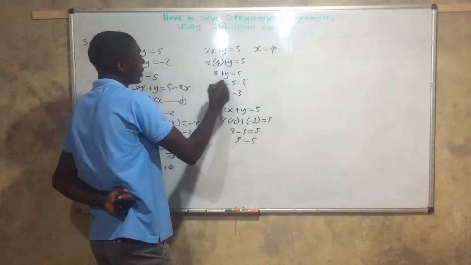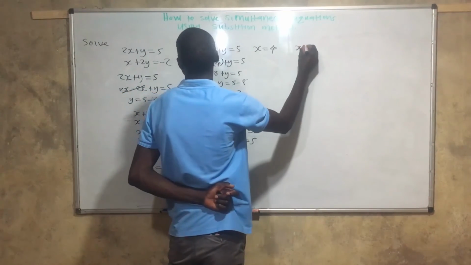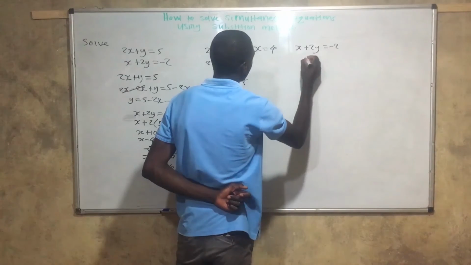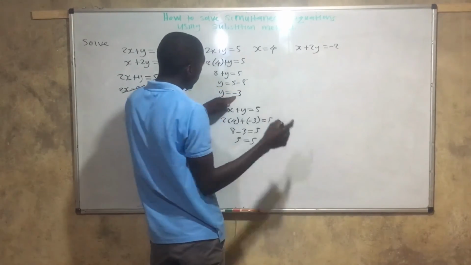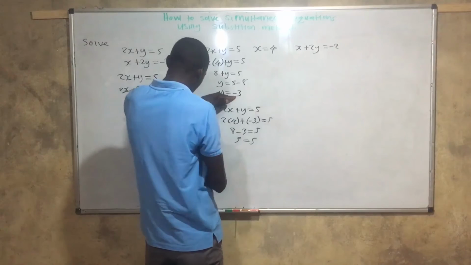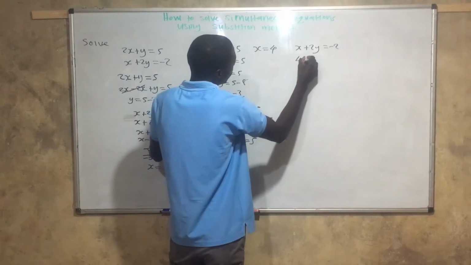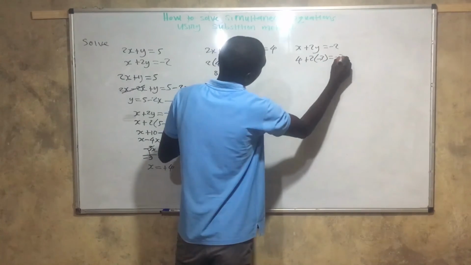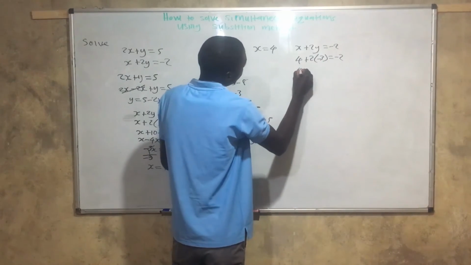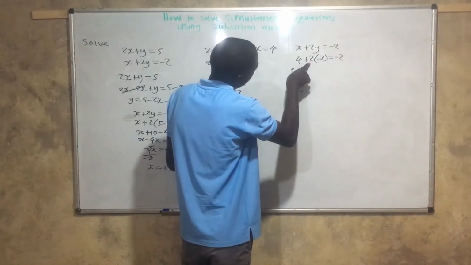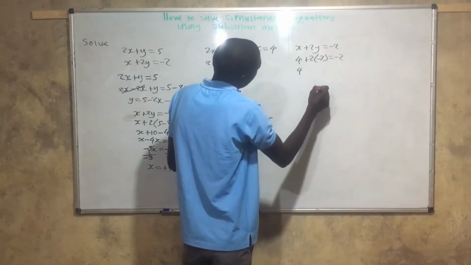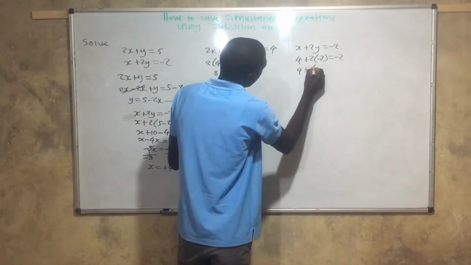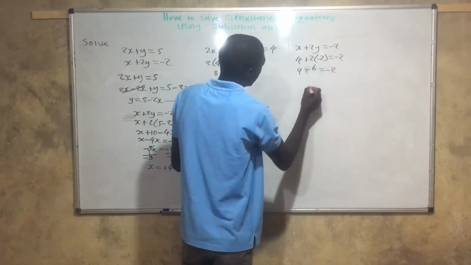We try the second equation, which is x plus 2y is equal to negative 2. Where there is y, we replace with negative 3, and where there is x, with positive 4. So it's 4 plus 2 open bracket negative 3 close bracket is equal to negative 2. So 4 plus 2 multiplied by negative 3 will give us negative 6, which should give us negative 2.